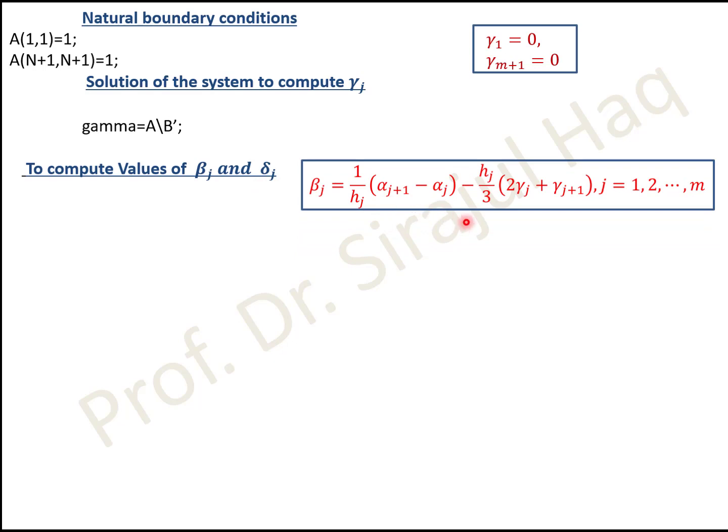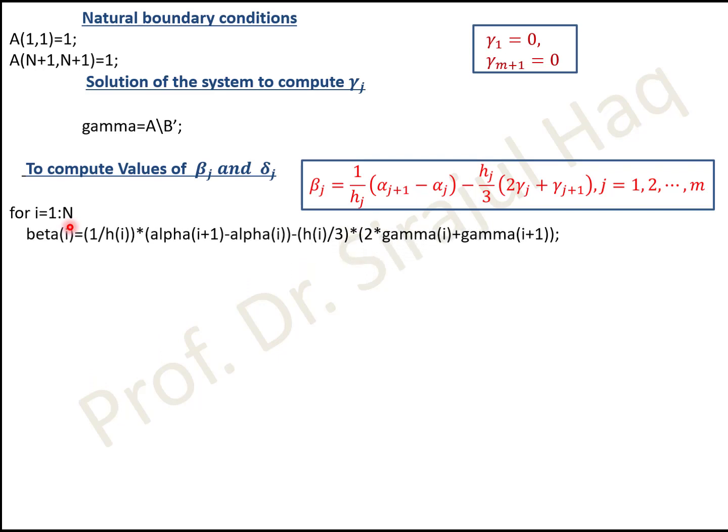This is the value of beta i, which you know from the beginning. a i's are known. Gamma i's you have computed. You can find out the values of beta i, but let's generate a loop for it. So you can see the value of j starting from 1 up to m, but m is n in our program. I use i starting from 1 up to n.